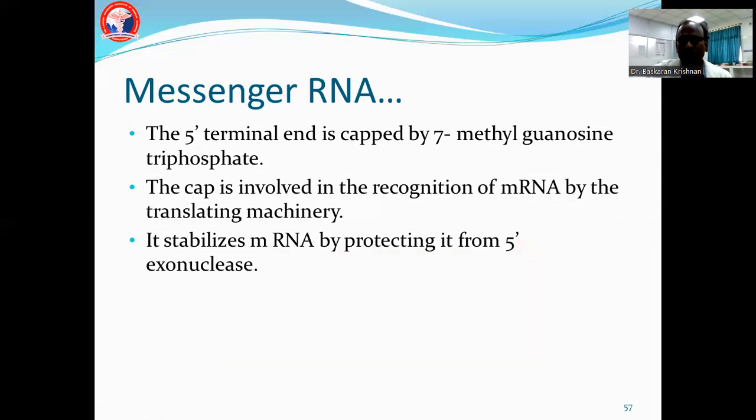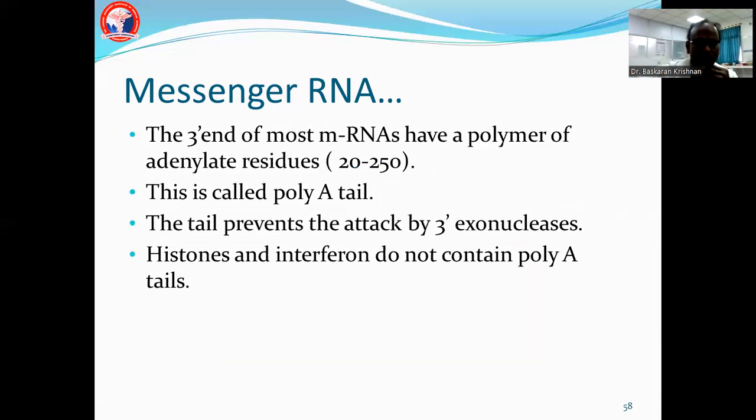The 5' end is capped with 7-methyl guanosine triphosphate. This is involved in the recognition of mRNA by the translating machinery, and it also stabilizes mRNA by protecting it from 5' exonucleases. The 3' end contains around 200 adenylate residues, called the poly-A tail.